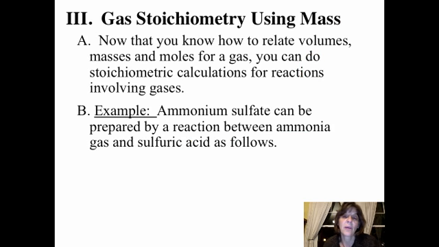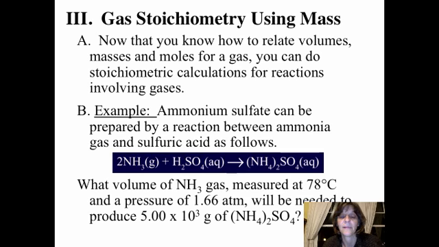Okay, so here's how we might use something like this. We would do it for a stoichiometry problem if we wanted to find out the volume of a gas at a certain set of conditions. We could do it using Avogadro's law and then the combined gas law, but this is going to save us some time. So in this example, ammonium sulfate can be prepared by a reaction between ammonia gas and sulfuric acid. There's the reaction.